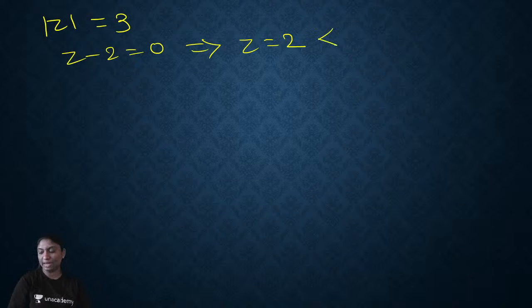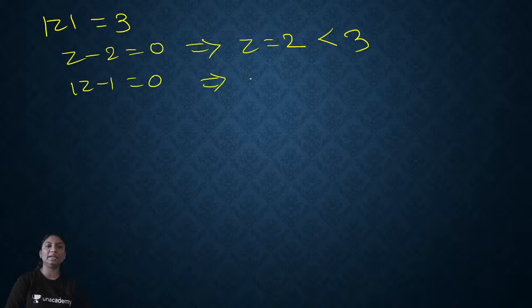So obviously it lies inside the curve C. Mod z minus 1 is equal to 0, which implies z is equal to 1, which is less than 3. So both the points lie inside the curve C.